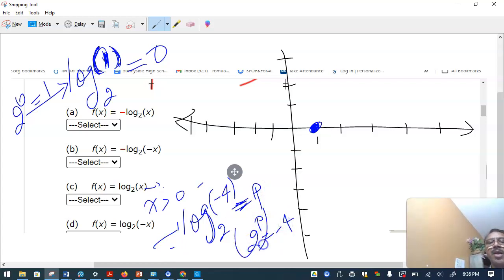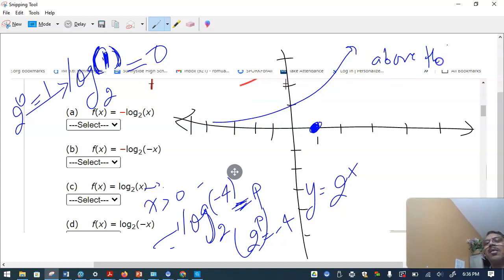But we do know that for the exponential function y equals 2 raised to x, the graph is something like this. It is always above the x-axis. That means the range is from 0 to plus infinity. So the output y always belongs to the positive real numbers, with no 0 there.